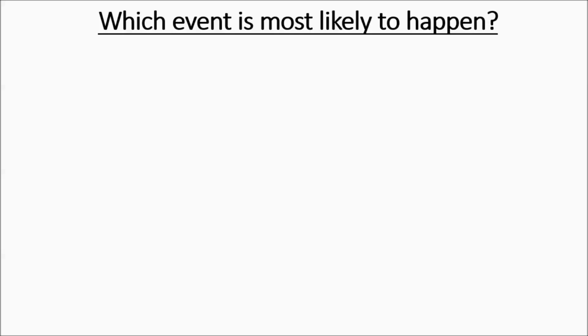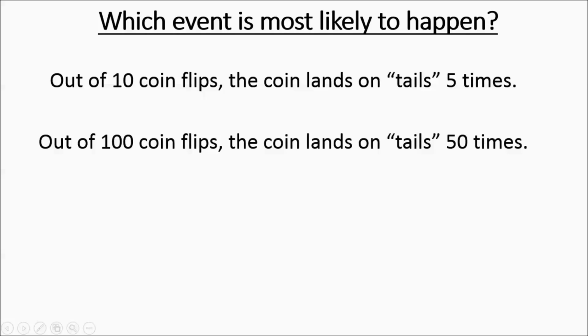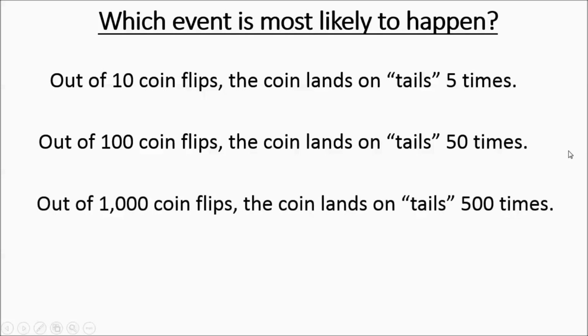Okay, so now which event is most likely to happen? If we have 10 coin flips, the coin lands on tails 5 times. Well, that could happen. Out of 100 coin flips, the coin lands on tails 50 times. That could also happen. Out of 1,000 flips, the coin lands on tails 500 times.